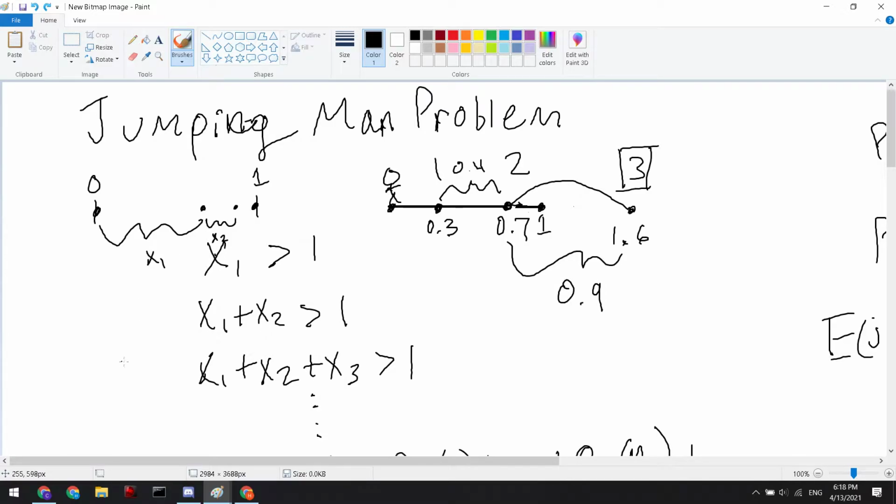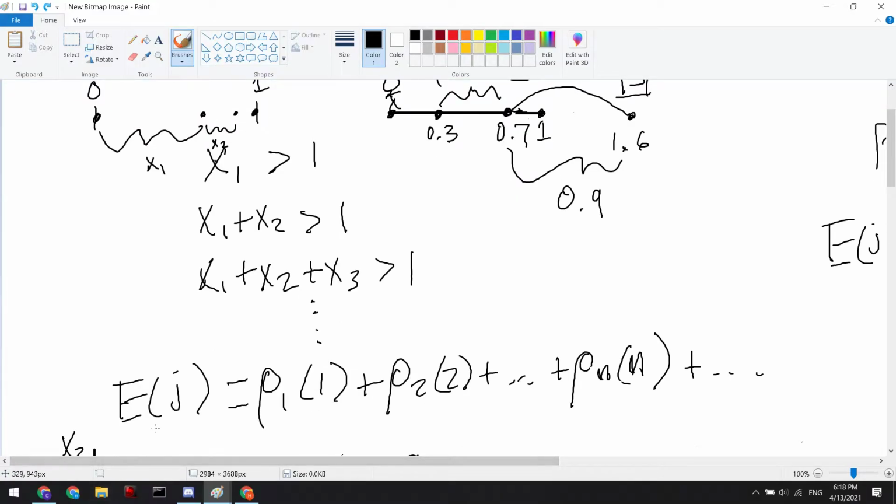And so in order to find this expected or average value, what we do is, for any expected value for a random variable, I'm going to call the random variable J, the expected value is equal to the probability of it being 1 times 1, plus the probability of it being 2 times 2, plus dot dot dot all the way to Pn, and we'd add up to infinity, because in theory there could be an infinite amount of jumps, or as many jumps as we wanted.